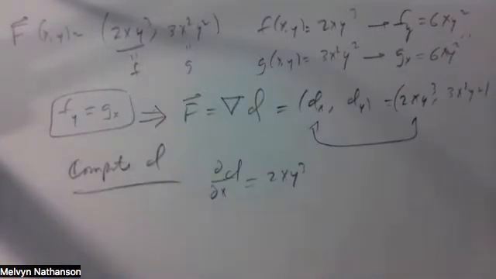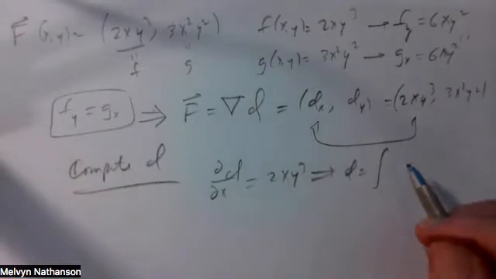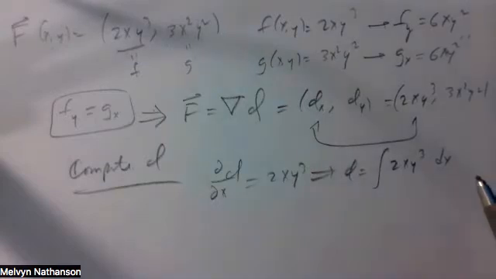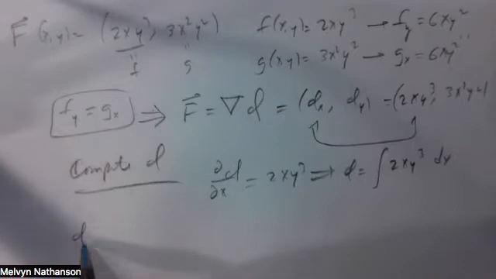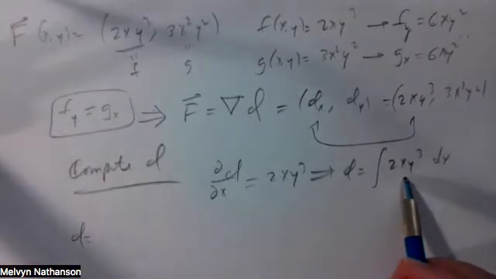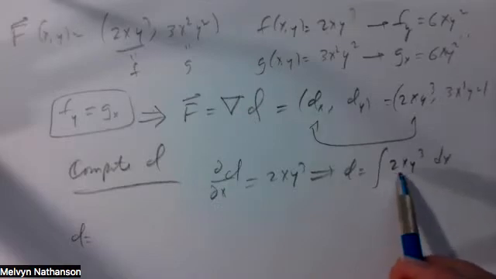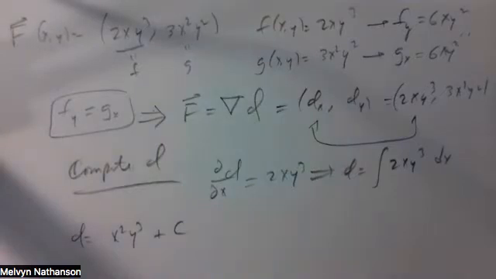Well, let's take the antiderivative. So phi is the integral of 2x y cubed with respect to x. What is that equal to? So y is a constant, y is fixed. The integral of 2x, we get x squared y cubed plus some constant.